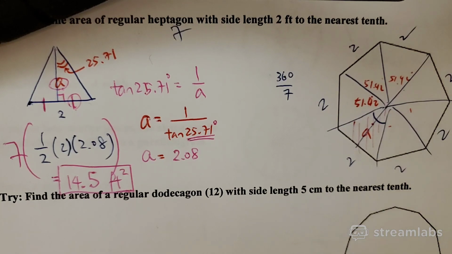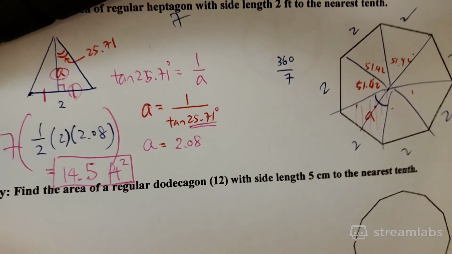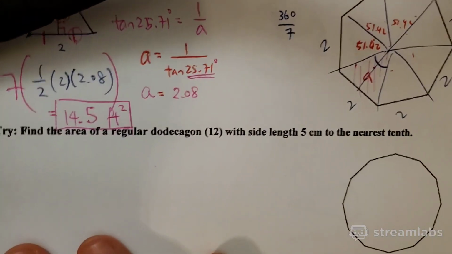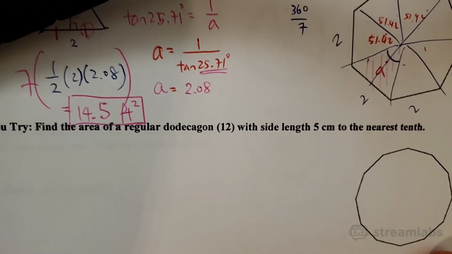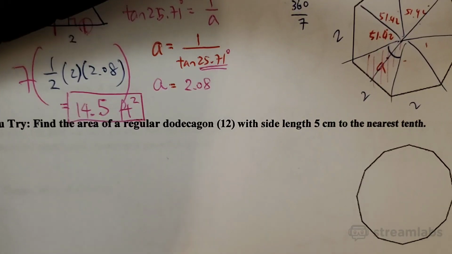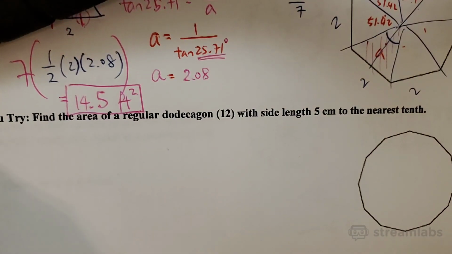Okay. 7 to 8 is not bad. So let's take some time to practice on this one, the 12-gon, and I'll wrap it up once we're done.